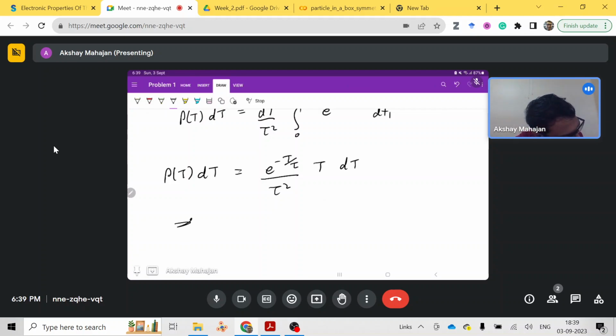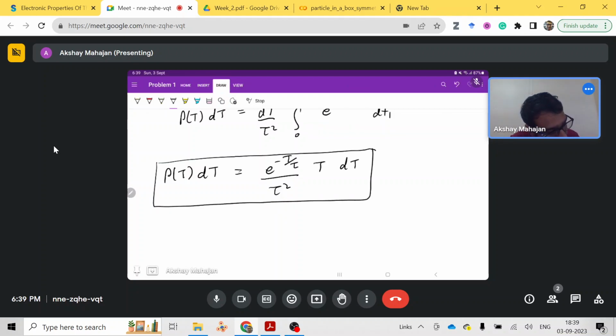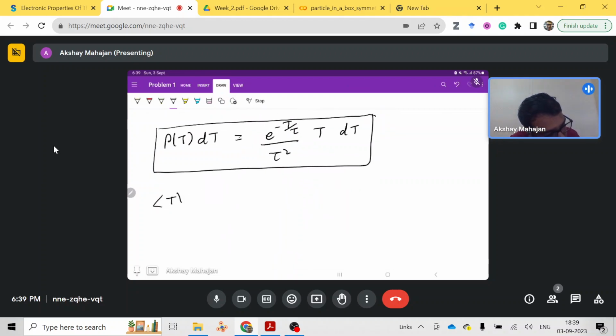So P(T) dT is given by this, okay, so this is what we have achieved. This is what we know now. Now to find the average of capital T, that will be just from 0 to infinity, as we found for small t. This priority distribution will be this, and integration over dT.